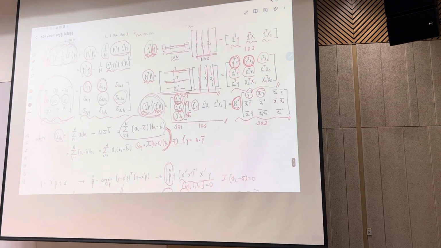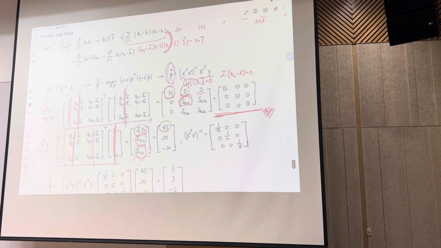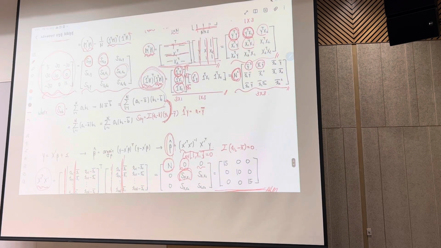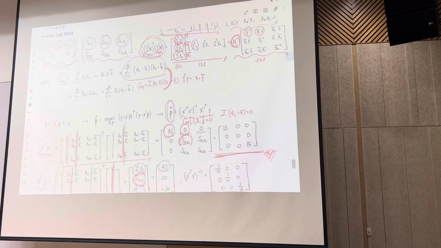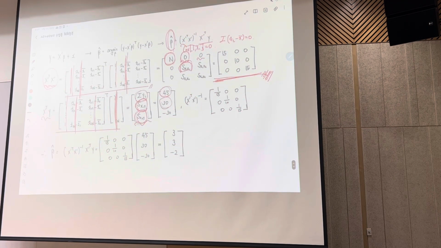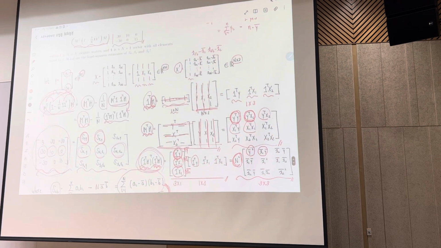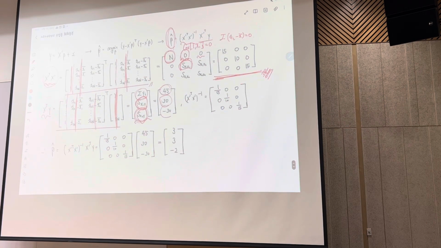Sigma yi is equal to 45 here, Sx1y is 30, and Sx2y is equal to minus 30 here. And the inverse of a diagonal matrix can be calculated like this.